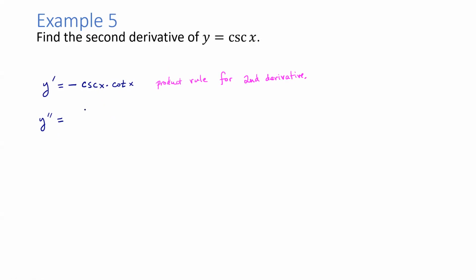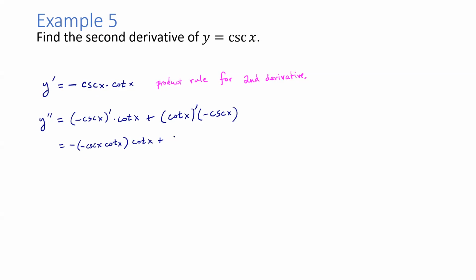Okay, so let's write it out again. So negative cosecant, the derivative of that guy, times cotangent, plus the derivative of cotangent times negative cosecant. So this will be, again, the derivative of negative cosecant was what we did a second ago. So it's negative cosecant cotangent, and then times cotangent.